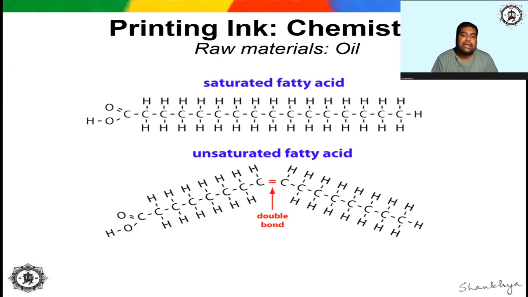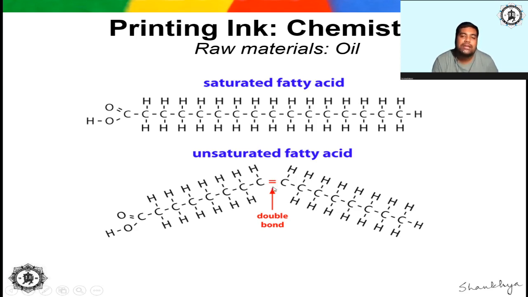Okay, I will show you when we study dryers how that reaction happens. This unsaturation is responsible for this oil to dry up. Ultimately dryers are the initiators, you can say, providing initiation to the oxidative polymerization reaction.